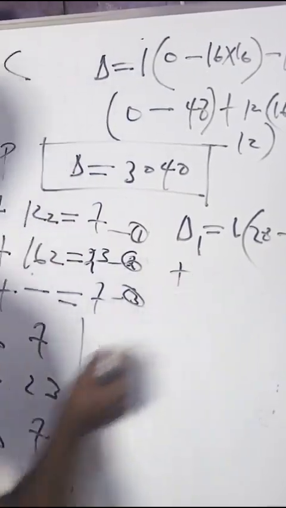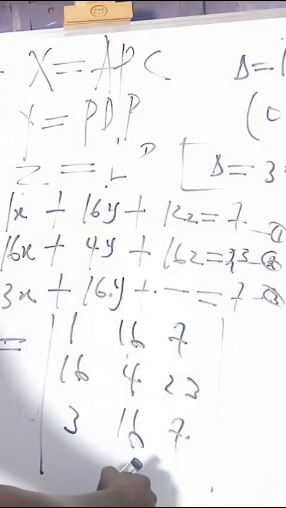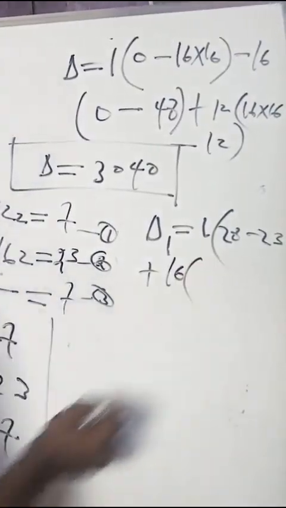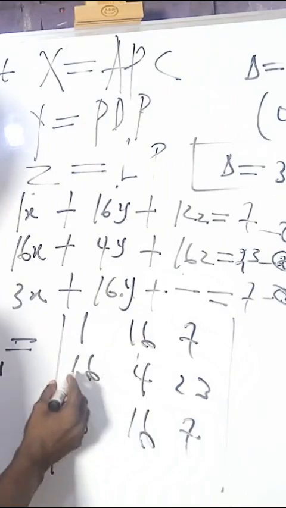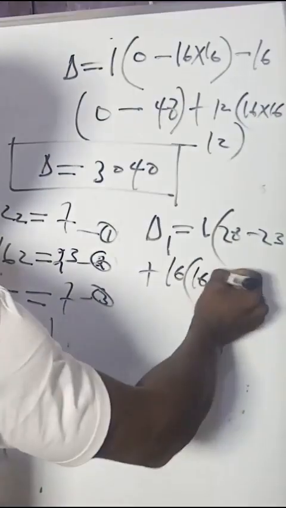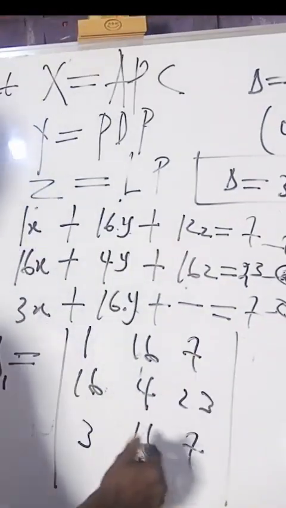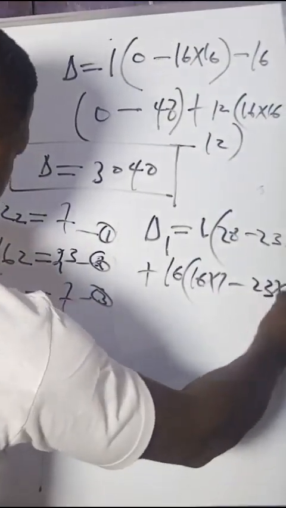Then the next one is plus first row, second column, 16 into bracket, 16 times 7 minus 23 times 3.